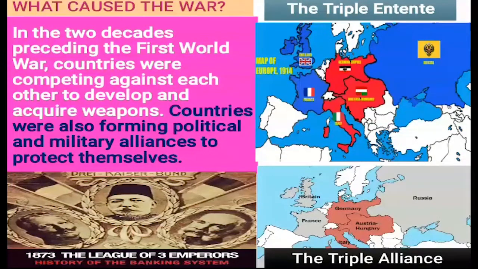In the 20th century, industrialization was flourishing in Europe. More industrialization would bring them more money and more development. To do so, they acquired weapons. Many countries had already formed political alliances.